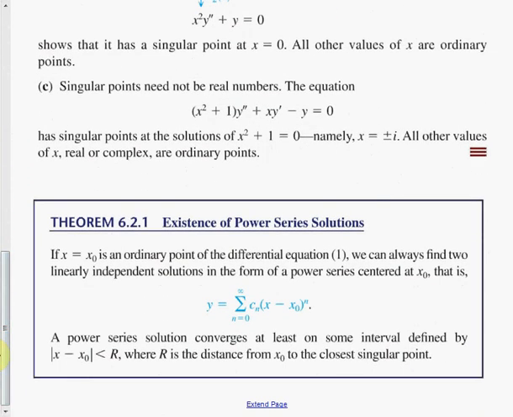Well, the theorem here says that it's the existence of a power series solution. If x is an ordinary point, then there exist 2 linearly independent solutions in this form. Now here's the cool thing about this form here of the power series centered at x naught.